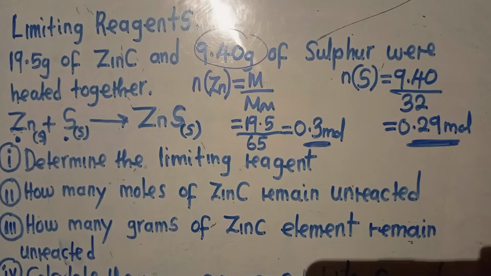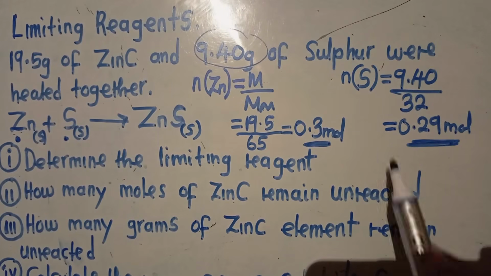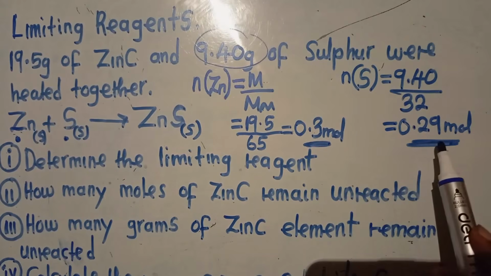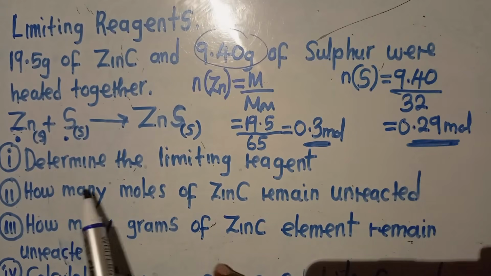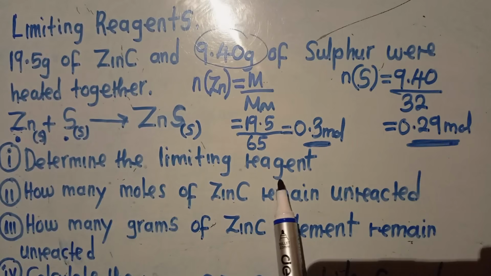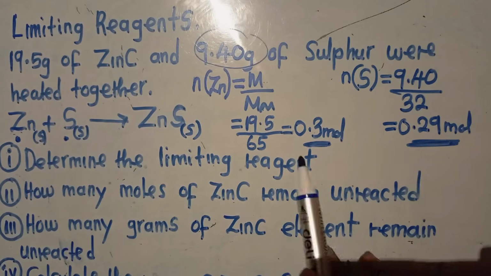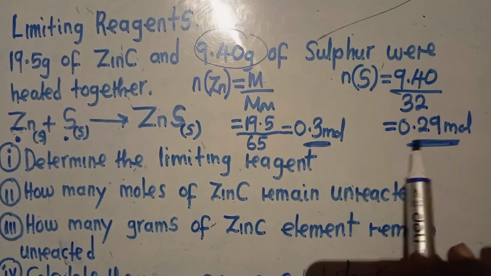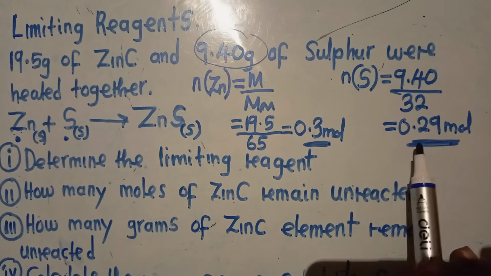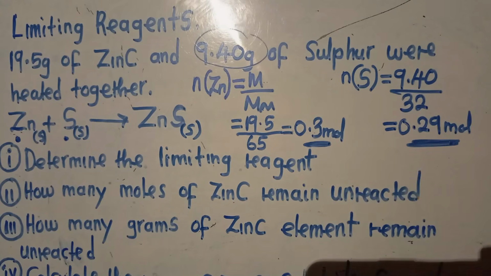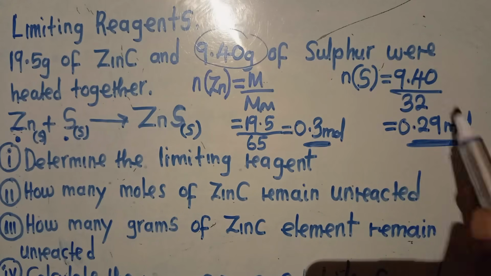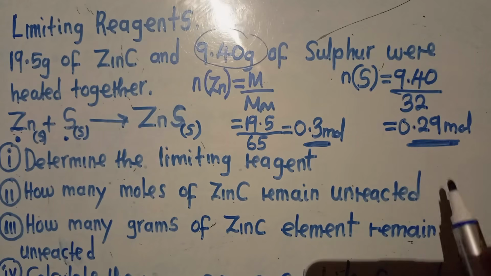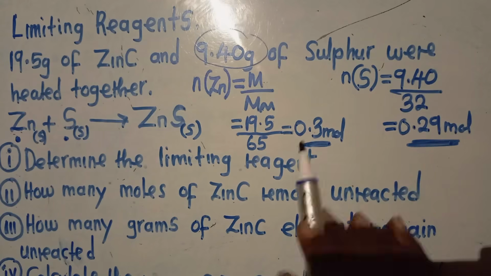We now look at these two that are given here. The question was saying determine the limiting reagent. After you've calculated the number of moles, which one has fewer moles? You conclude that the limiting reagent is sulfur because it has a smaller number of moles compared to zinc.